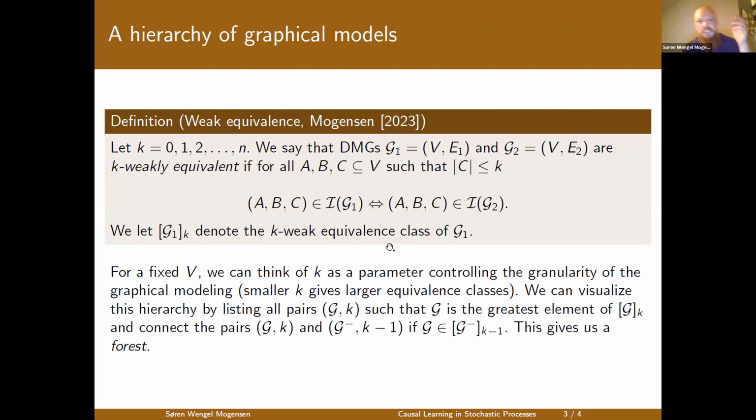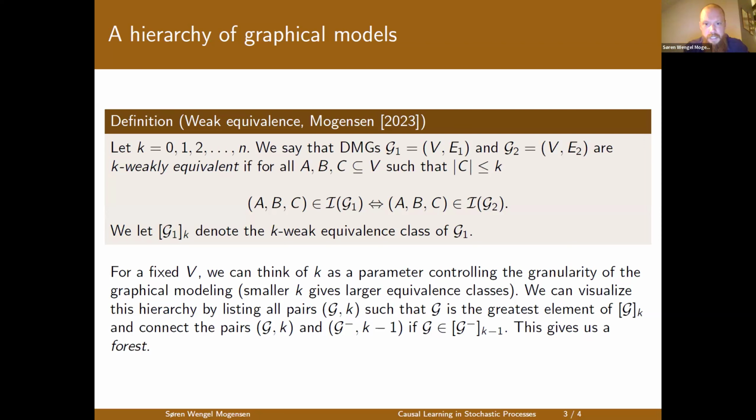For each k, I can fix v, and on the next slide, v is going to be just 4 nodes: 1, 2, 3, 4. For each k, I can list all the greatest elements of each Markov equivalence class, right? And then I can do this for each value of k, and you get a lot of structure there.